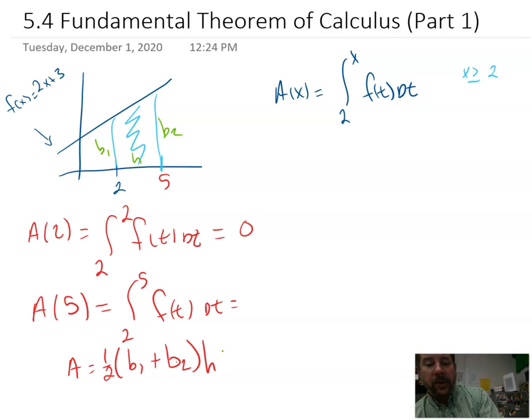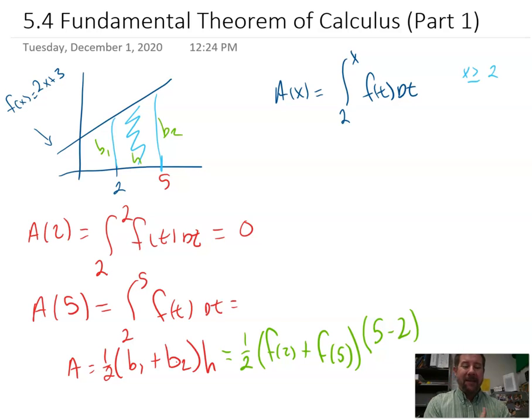Or another way to write this would be 1/2, base 1 would be f of 2, and base 2 would be f of 5, and the height would be 5 minus 2, right? You would take that big value and subtract our starting value, and that would give me the height. So in this case, the height would be 3.